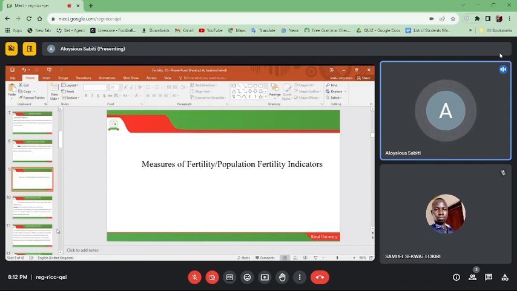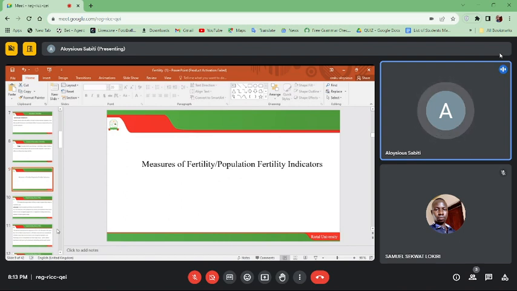You can also calculate the replacement level, and the years of life this particular cohort or population can live for. This can help you in planning, knowing that in the next 20 years we shall have this number of elderly women, this number of elderly men, this number of babies, and these are all very important in the planning process.